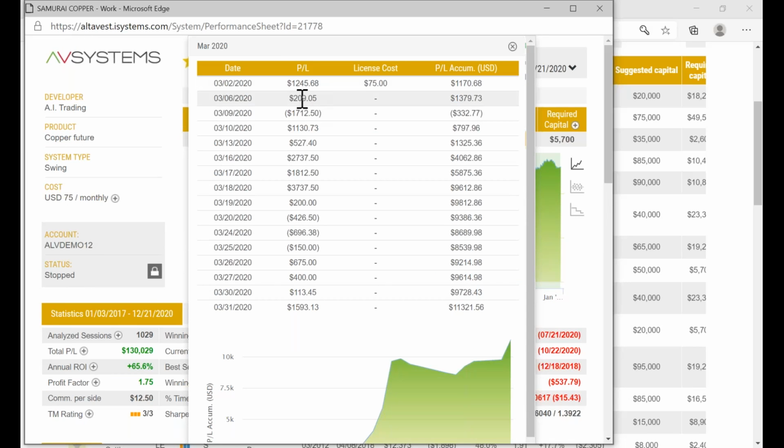And then the machine, the algo, the robot starts trading for you. So you're winning, you're losing: win, win, win, win, win, win, loss, loss, loss, win, win, win. So you're going to have winners, you're going to have losers. You have to expect volatility. If you can't handle volatility, then trading at all shouldn't be something you're doing. But you can see the accumulated P&L here, and by the end of the month, it had a great, great performance.